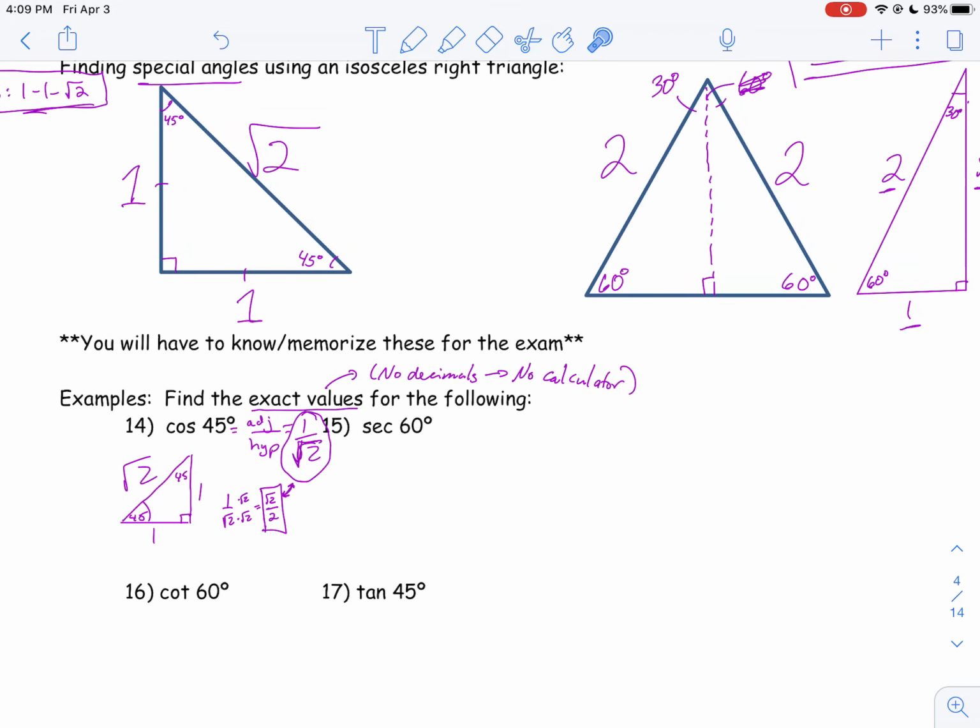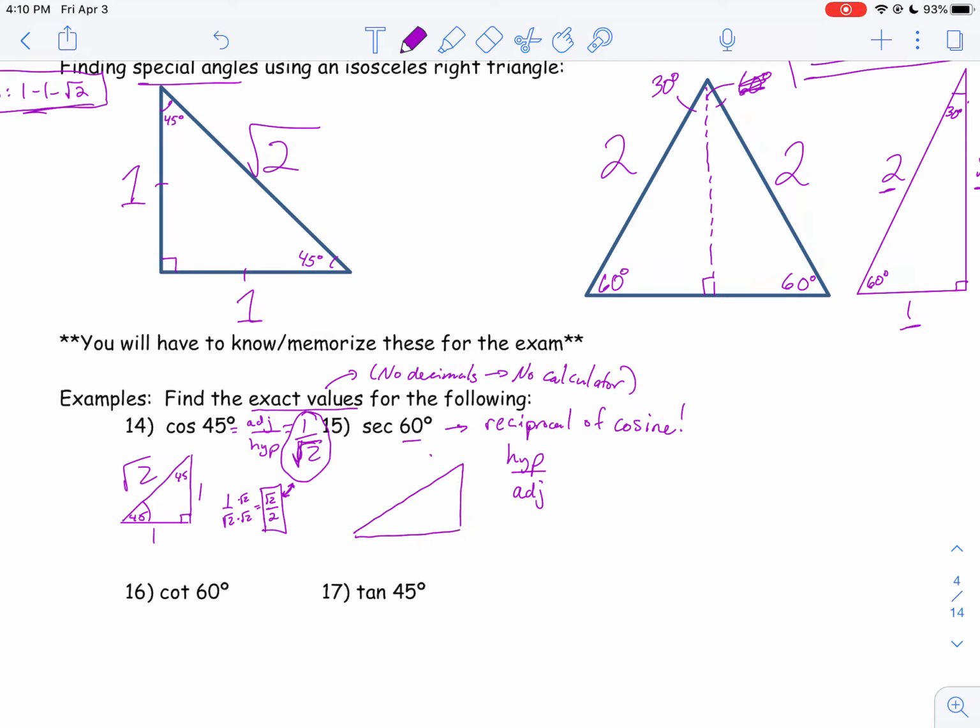Secant of 60 degrees. Well, if you think about secant, you remember secant is the reciprocal of what? Hopefully you're thinking cosine. So cosine is adjacent over hypotenuse, so secant is hypotenuse over adjacent. All right, so I need a triangle. Let's go ahead and draw a triangle that has a 60-degree angle.